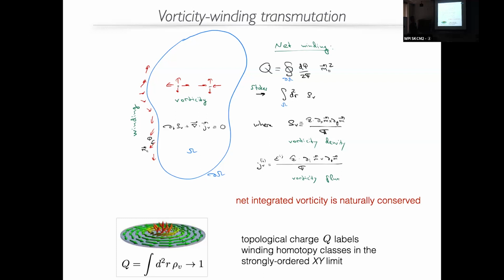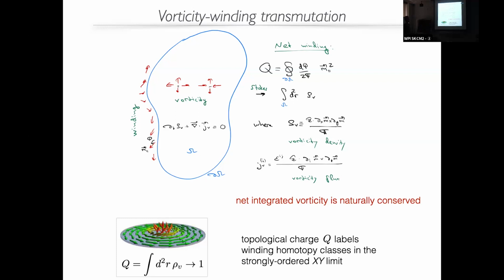That naturally leads to a continuity equation, which allows us to think of the dynamics of vorticity density as a transport phenomenon governed by the vorticity flux defined in this fashion, where i and j stand for spatial coordinates, and this is the temporal coordinate. The vorticity flux involves a first-order spatial derivative and a first-order temporal derivative. Vorticity density involves two spatial derivatives in this fashion.